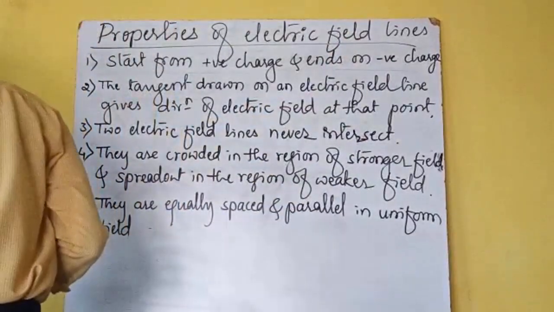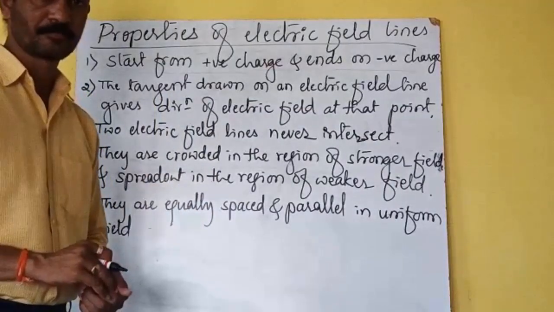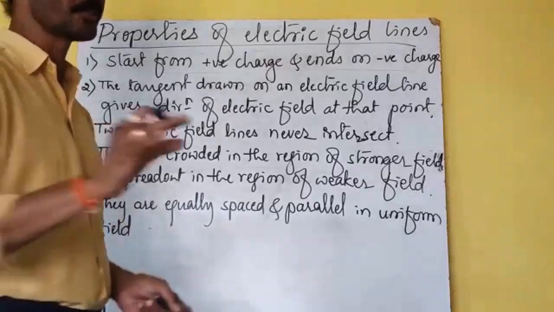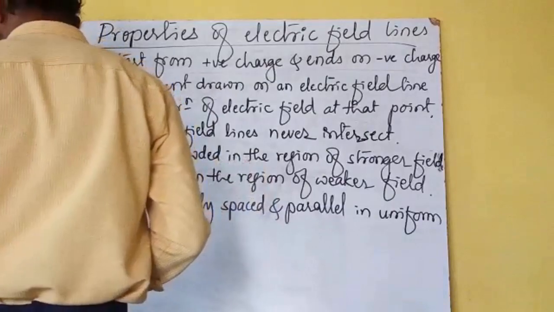Sixth one, the density of electric field lines at a point gives the strength of electric field at that point.